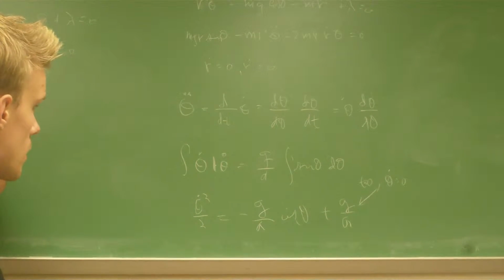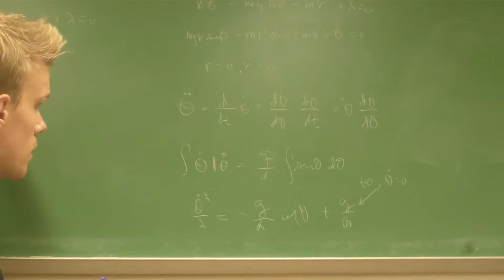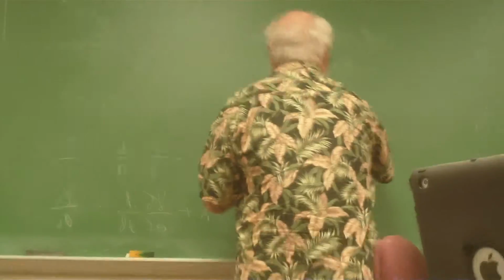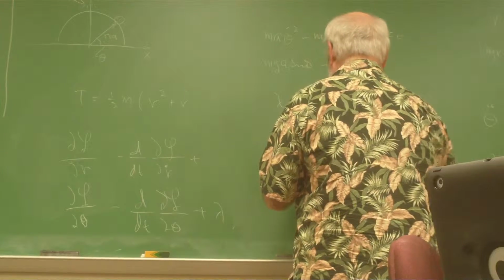And then from that we solve and we get lambda is equal to mg times 3 cosine theta minus 2.